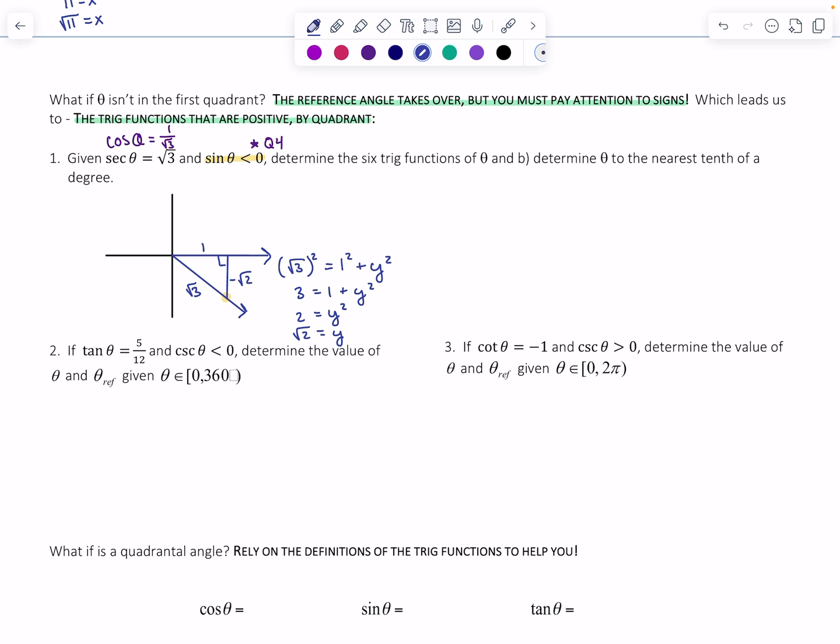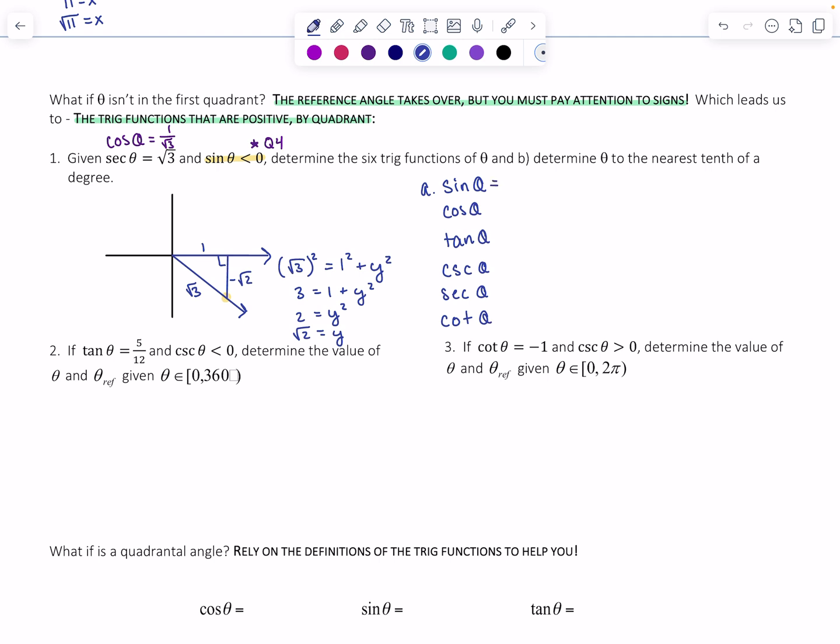Okay, so our trig functions, we have part A here. We're going to have sine of theta, cosine of theta, tangent of theta, and we are also going to have our cosecant of theta, secant of theta, and cotangent of theta.